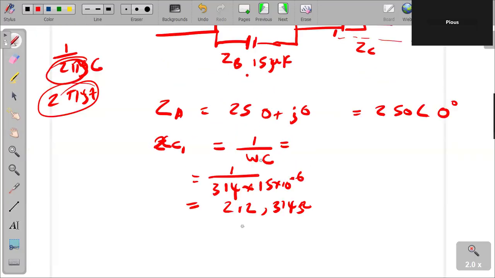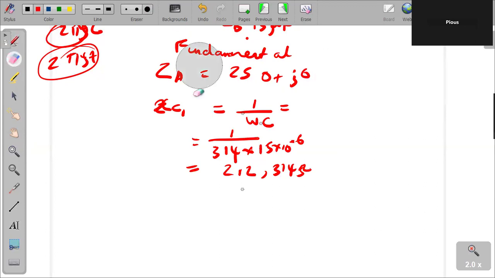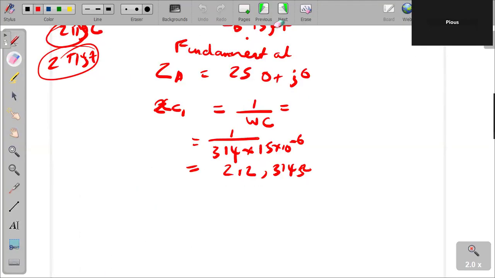What we are doing now is we have the fundamental on our expression there, and we also have the third harmonic. How did we identify that it is the third harmonic? Remember what I have done there: 942 divided by 314, and that gave us that value.